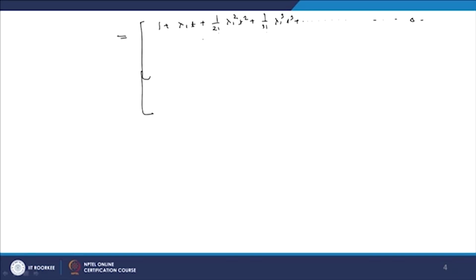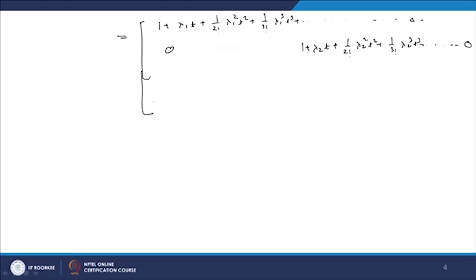Now, coming to the second row, in the second element we will get 1 plus lambda 2 t plus 1 by factorial 2 lambda 2 square t square plus 1 by factorial 3 lambda 2 cube t cube, and the rest of the elements are 0. That means, in the second row only the second element has variables, but the rest of the elements are zeros.